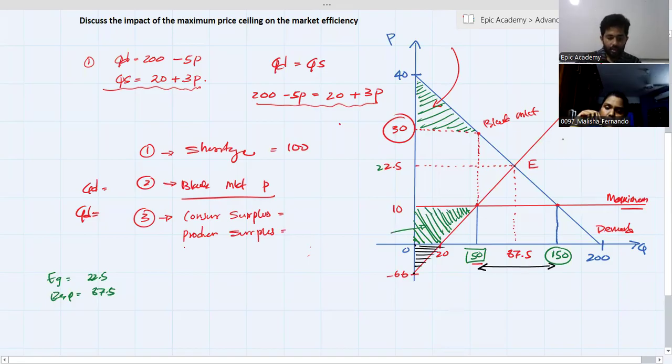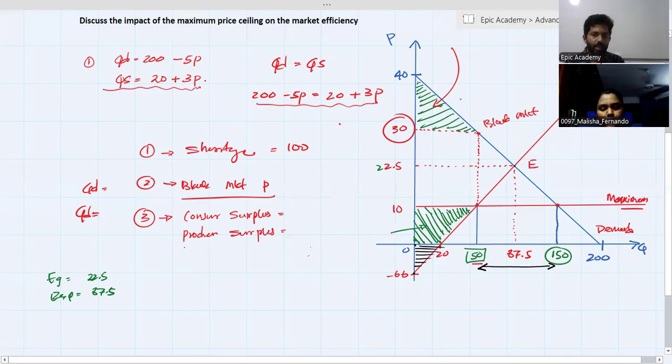Now you have to identify what will happen to the other things. I mean, this area is not related to anyone. Earlier, it belonged to the consumers and producers, but it was destroyed by the maximum price.